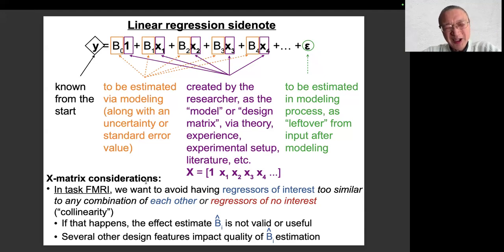Ideally, if they are well separated, it would be easier to disentangle them. But what do we mean when we say they are tangled together? The concept or notion is usually collinearity. How are those regressors correlated with each other?